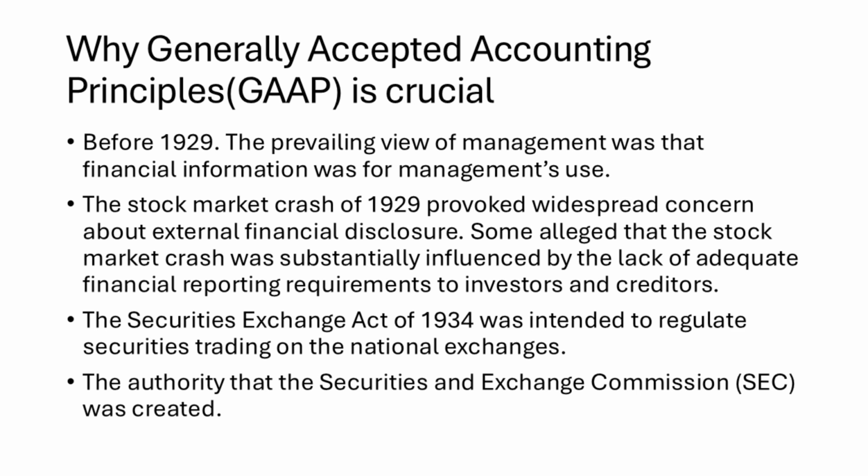Then the 1929 stock market crash happened. Some calculate that the main reason for the stock market crash was substantially influenced by the lack of adequate financial reporting requirements for the investors and the creditors.